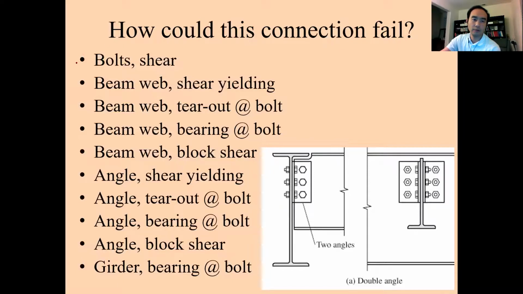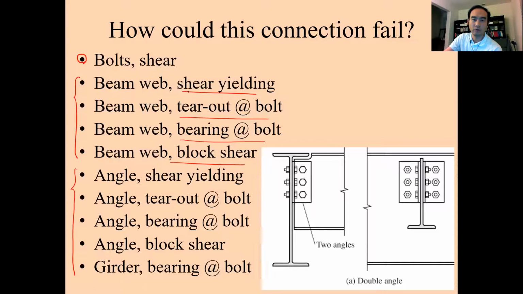We can think about the failure mechanism on the bolt itself and about the smaller one, which is the beam. And then there are the failure mechanisms at these double angles. For example, these angles are attached to the web of this big girder. There, we can think about several different failure mechanisms like these.